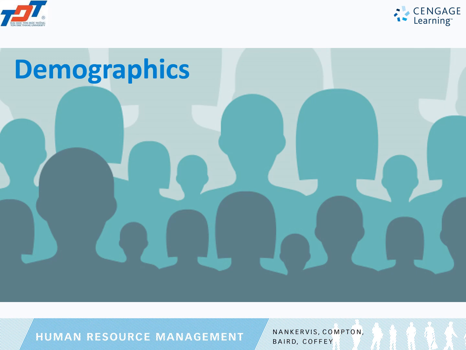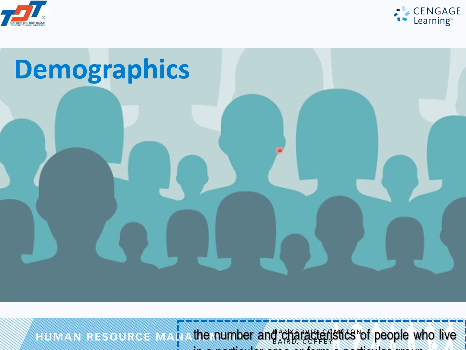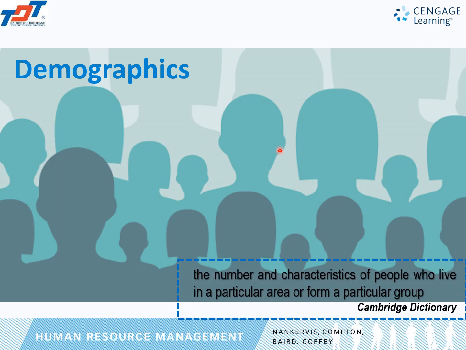Just like human resource management deals with people in a simple sense, so is the case of demographics. Now, according to the Cambridge Dictionary, demographics deals with the number and characteristics of people who live in a particular area or form a particular group.